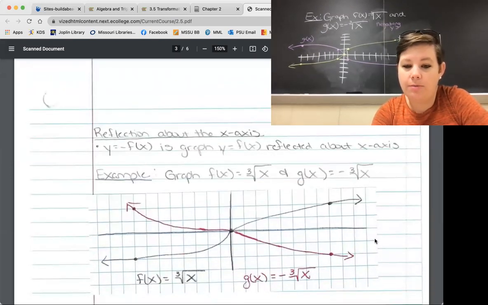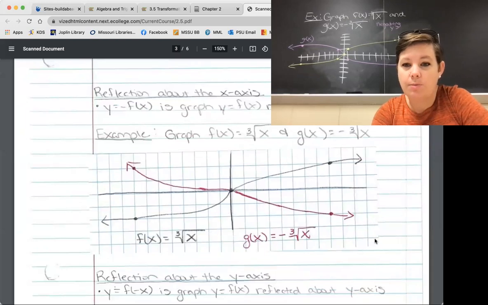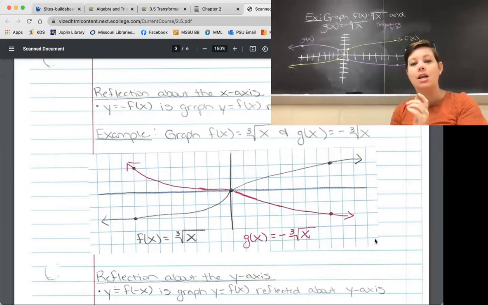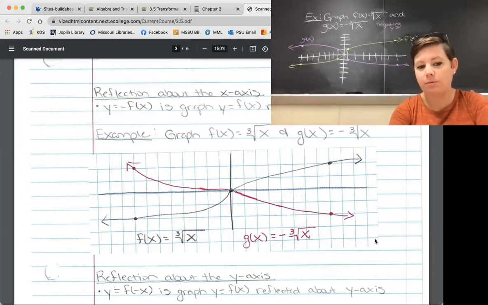There's my graph on the notes. So if we reflect about the x-axis, we change our y's. When we reflect about the y-axis, we're changing, or negating, our x values. So it's flip-flopped. Again, notice that for the reflection about the y-axis, it's a negative x inside of our function.